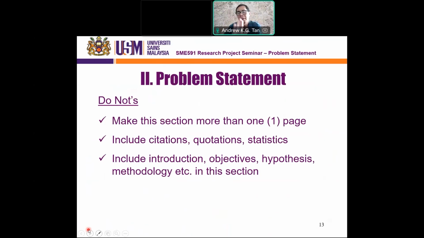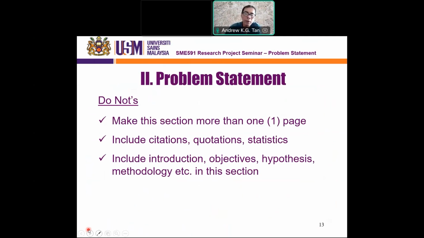Don't talk about methodology, how you are going to solve the problem, in your problem statement, because how you're going to do it is in the methodology. What you are going to do is in objectives. Objective: I'm going to do this, I'm going to do this, I'm going to do this, right? Do not put the objectives in the section for problem statement, because the problem statement must identify the problem only.